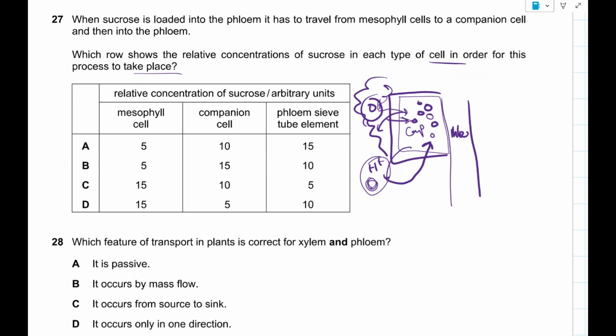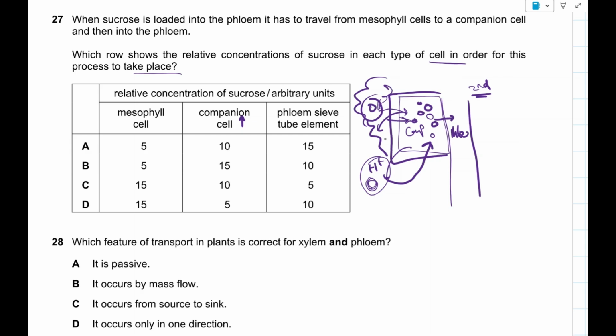Now, because companion cells must always have the highest concentration of sucrose, we know that sucrose now goes down the concentration gradient by passive diffusion, by normal diffusion, into the phloem sieve tube elements. Therefore, the phloem sieve tube elements are going to have the second highest concentration of sucrose.